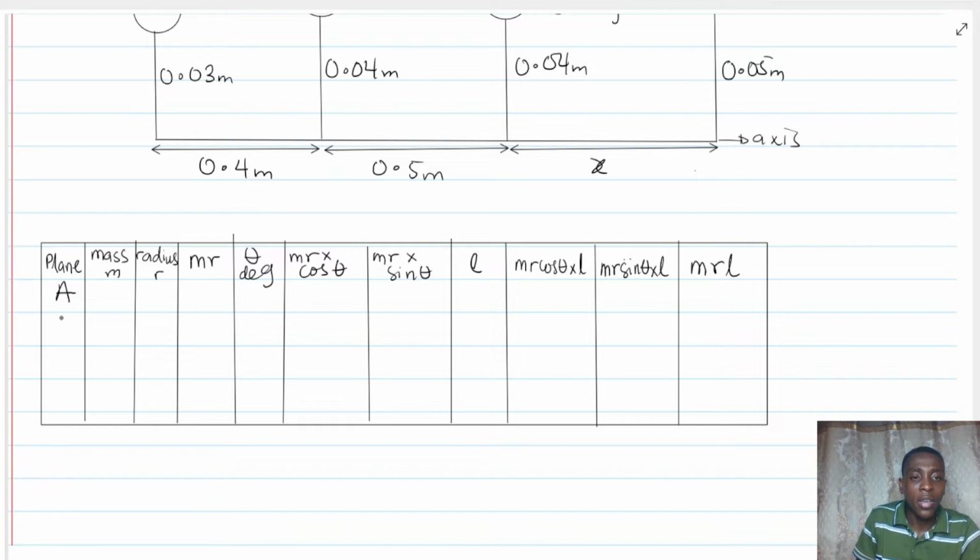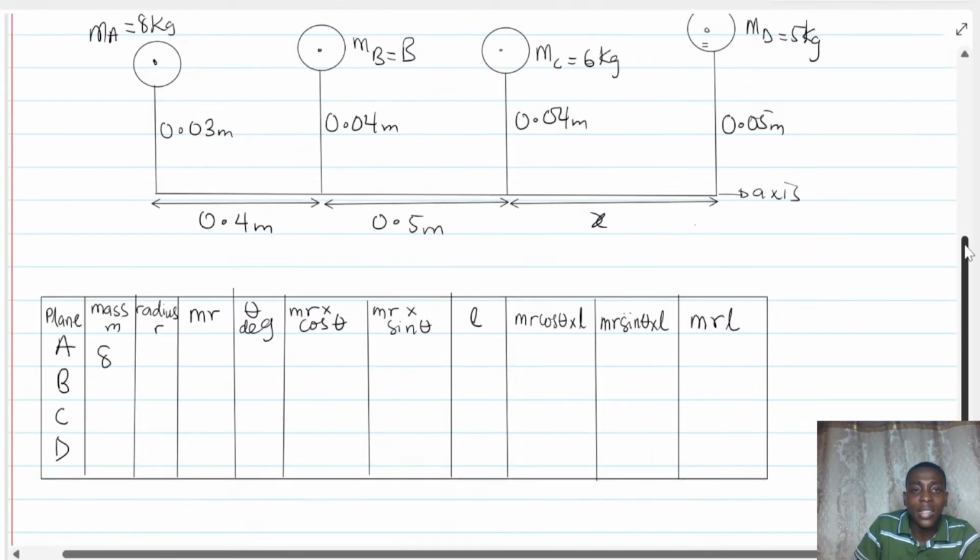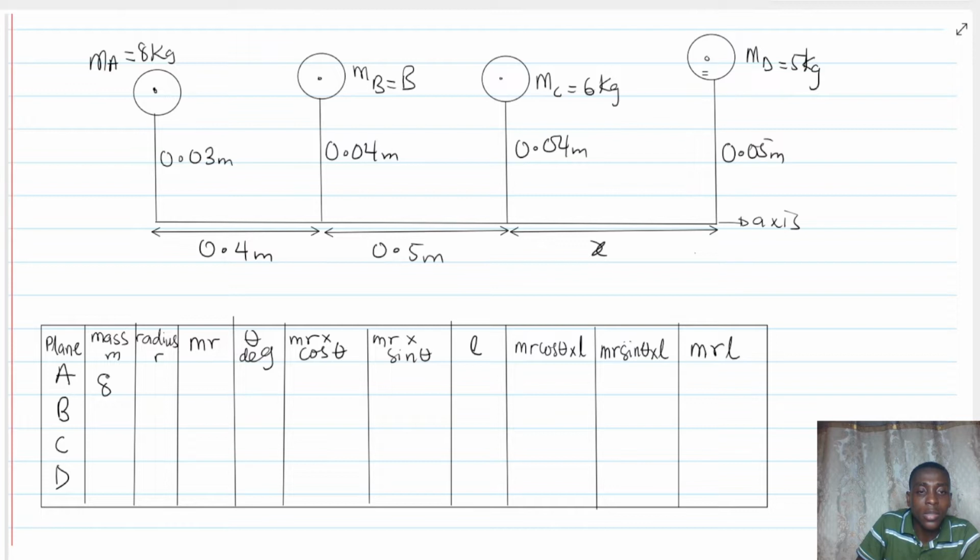I have A, I have B, I have C, and then I have D. Okay, the mass at A was given as 8 kilograms. And then also the radius of rotation, which is the same as the mass center, or sometimes called the eccentricity, is 0.03.